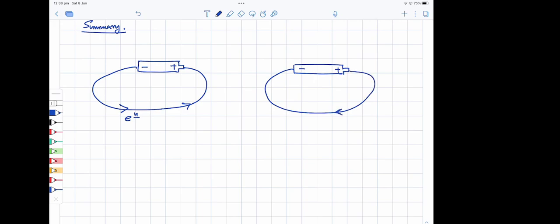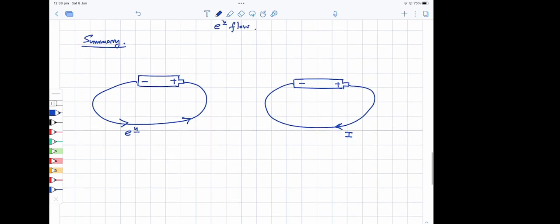Current is going the other way around, right? So how do you represent a battery in this way? This is the notation. So this one is the positive, the longest line would be the positive. This is going to be negative. This is going to be positive here. This is going to be negative here.